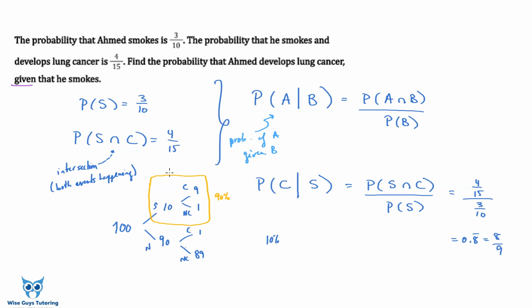But given that somebody is a smoker, the probability is way, way higher. It's 90%. So conditional probability means you're narrowing your universe. You're only looking at the given condition, which in this case was smoker. Of course, these numbers are just nonsense from my mind.